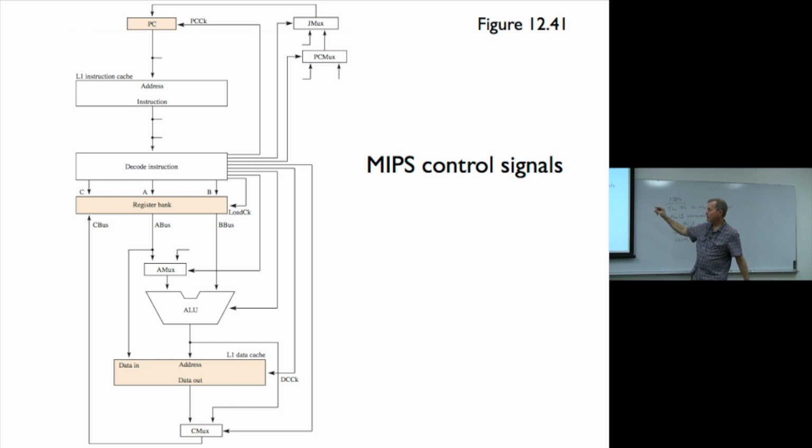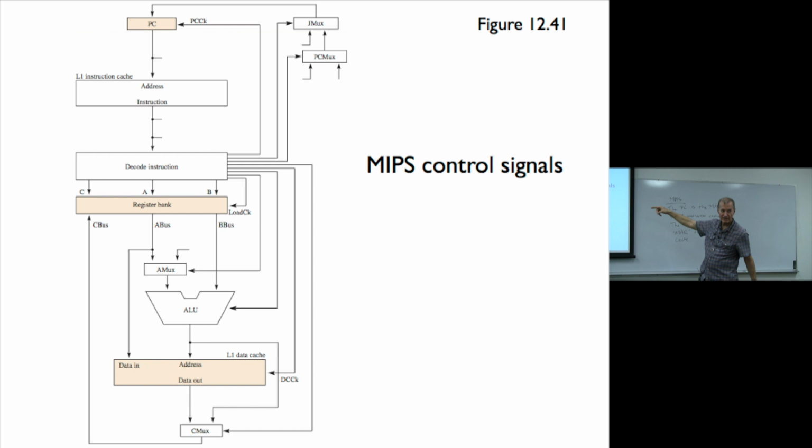So what happens is the instruction that's being executed, the program counter has the address of the instruction that's being executed. Are you with me? And then that's feeding into the instruction cache. And we can think of that after a few gate delays, the instruction at that address is being presented to the decode.